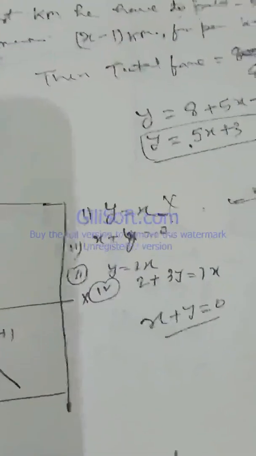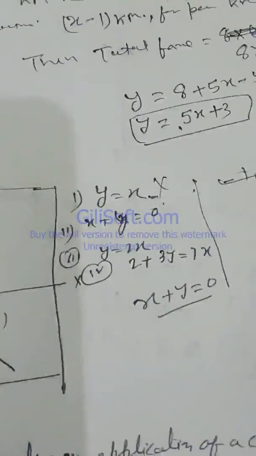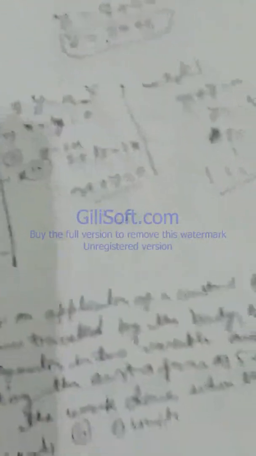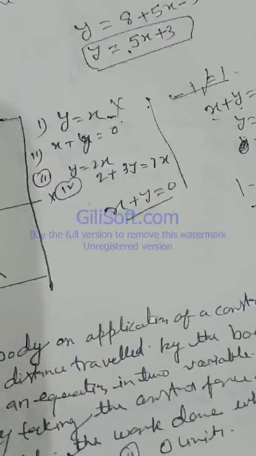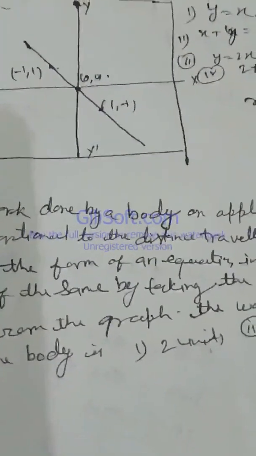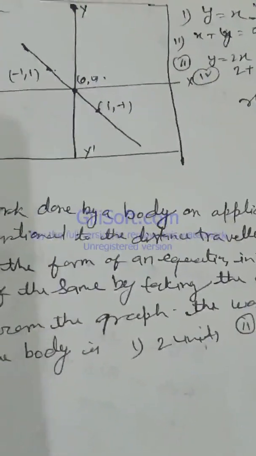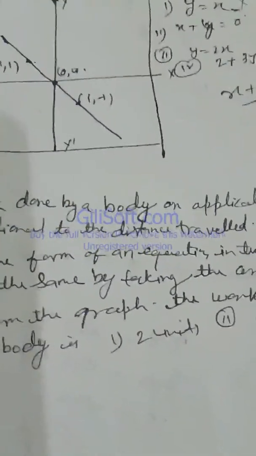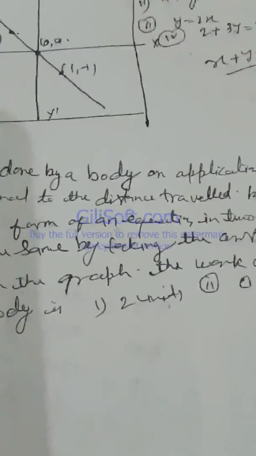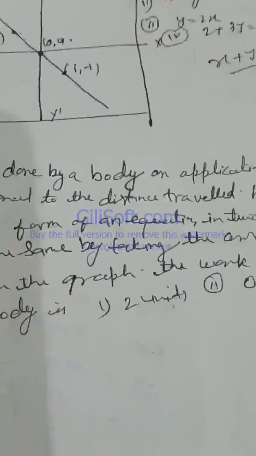Similarly, you can check all 4 given equations with the points that are given in the graph paper. Now next question is that if the work done by a body on application of a constant force is directly proportional to the distance traveled by the body, express this in the form of an equation in 2 variables and draw the graph of the same by taking the constant force as 5 units.